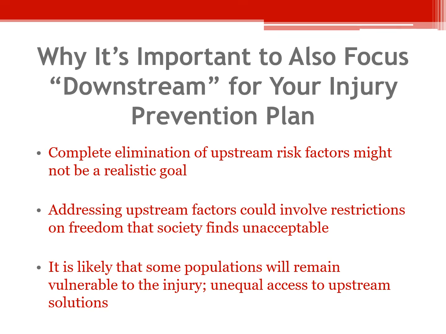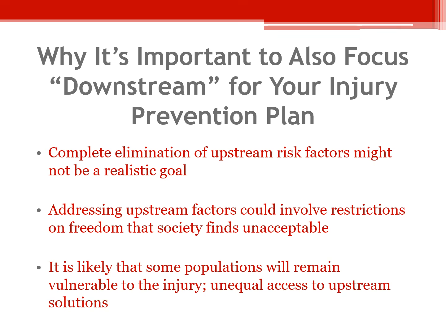The more restrictions we put on those kinds of dangerous things that people enjoy doing or enjoy using, or driving is another example, the more society is likely to push back against that. And so if you want to work upstream, you always have to balance what you think needs to be done with what society will find acceptable, because otherwise you're not going to get anywhere with your interventions and with your public health, and it won't be credible.